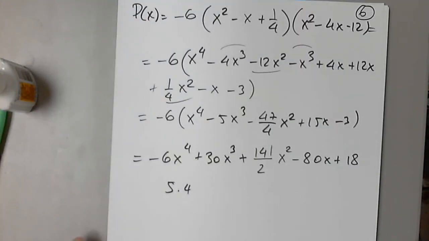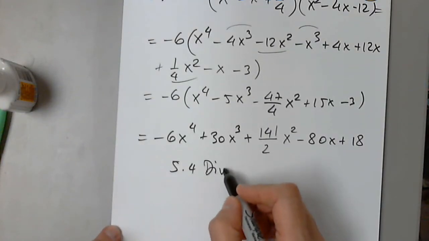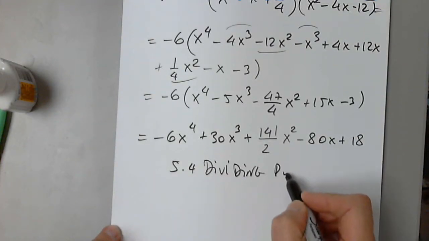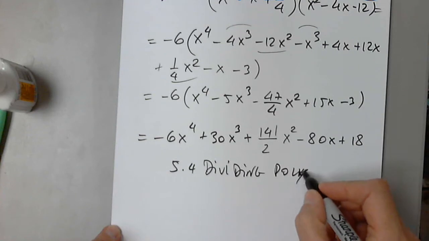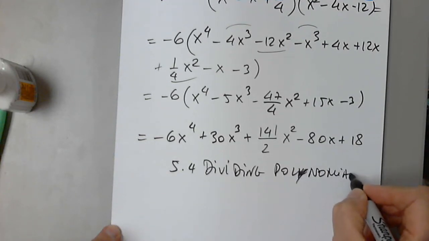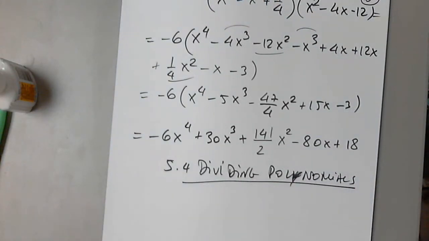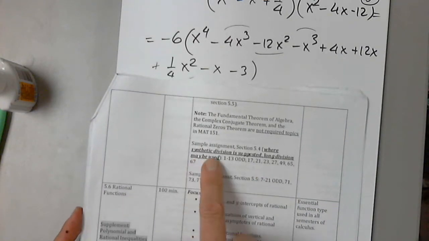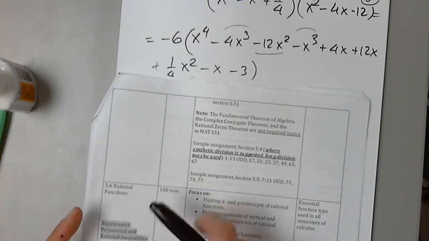Okay, ready? So dividing polynomials. Now, there are 2 different methods. However, my colleagues decided not to do synthetic division. I like synthetic division very much, but it says where synthetic division is suggested, long division may be used.